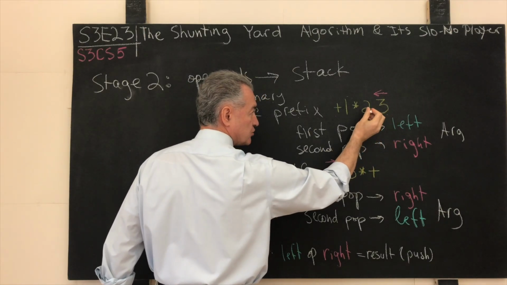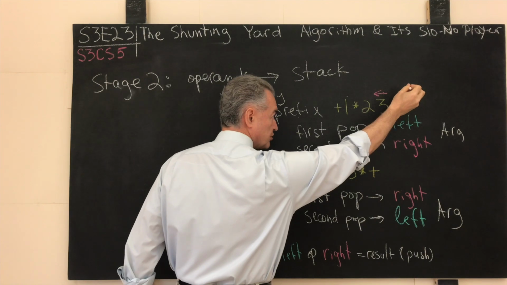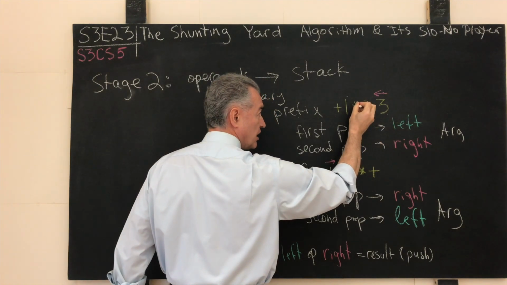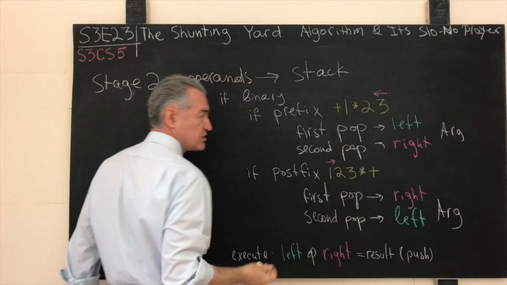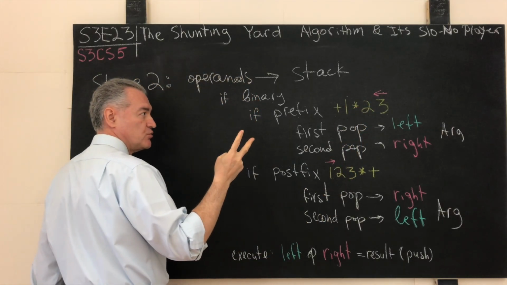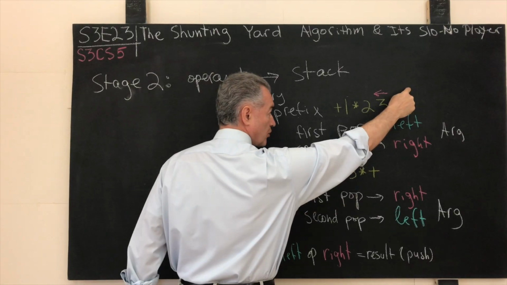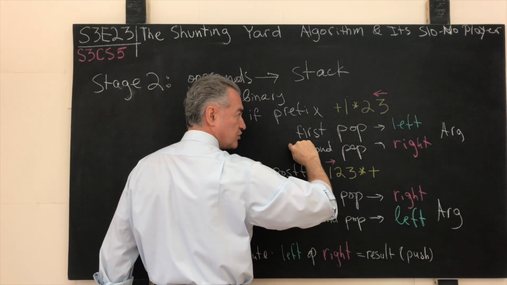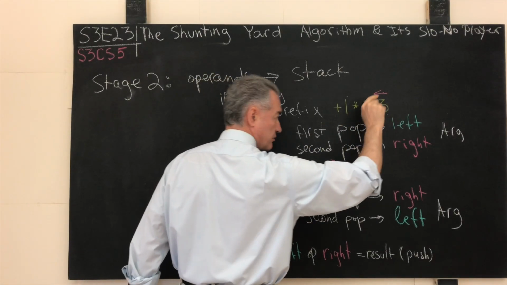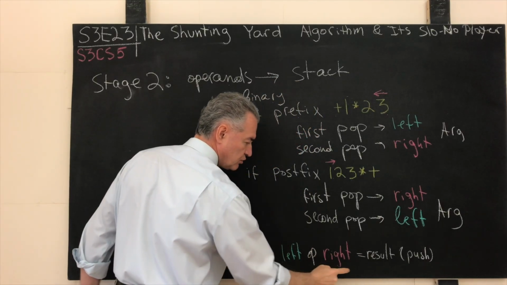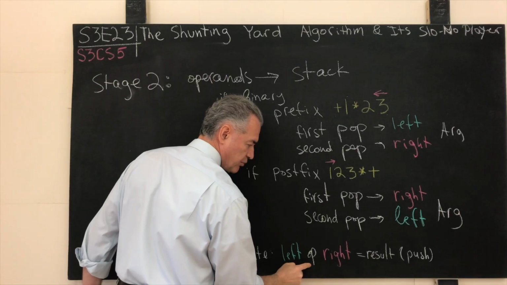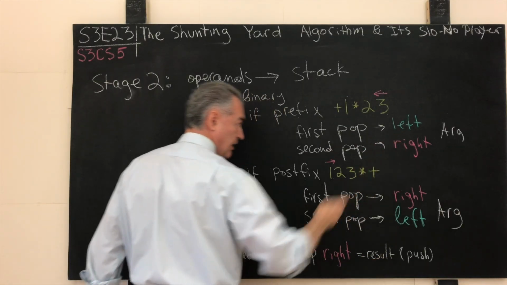Then we see the next token 2, we push, 2 sits on top of 3, we see the operator. The operator is multiplication, it's binary, requires 2 arguments, so we pop 2 from the top, 2 goes left, the first pop. The second pop, we pop 3, it goes right. We execute the operator on the arguments 2 and 3, take the result, and push it back onto the stack.